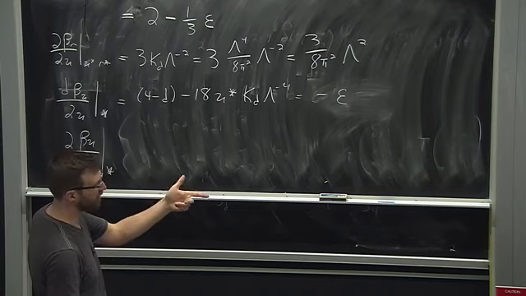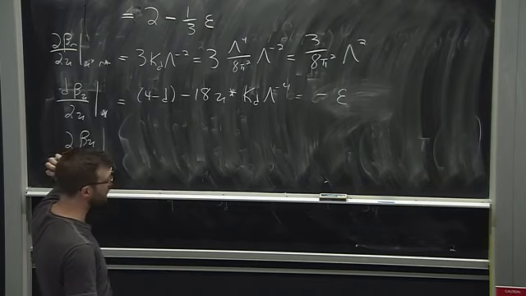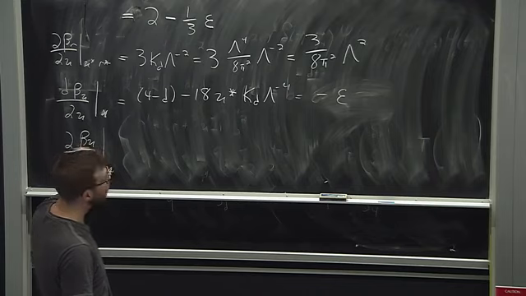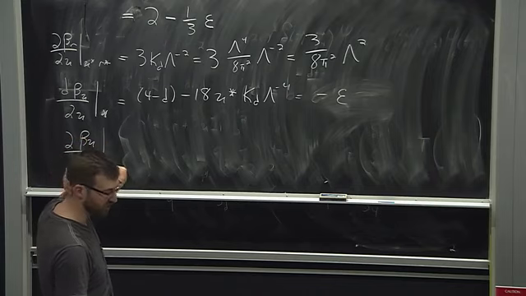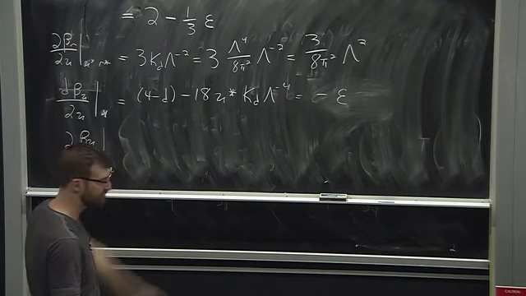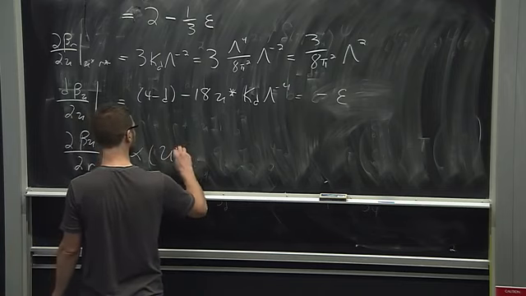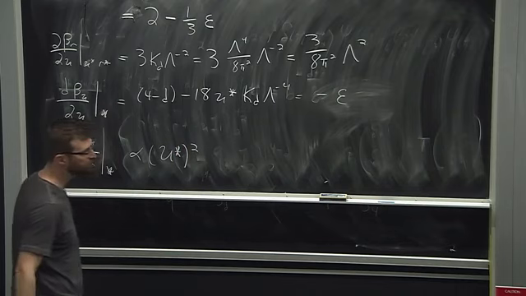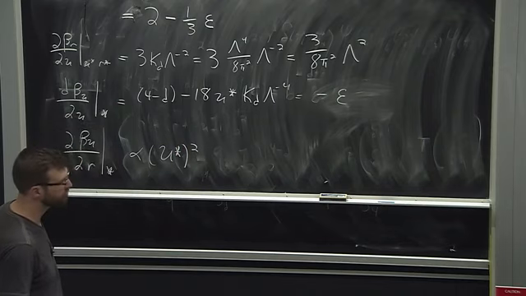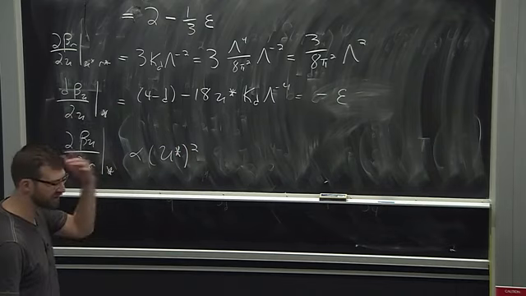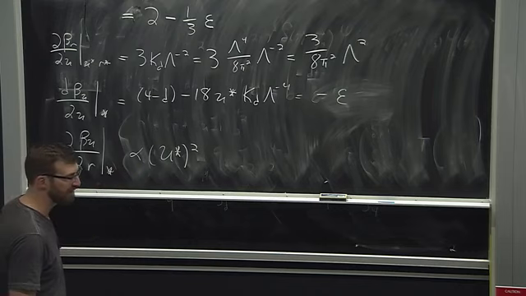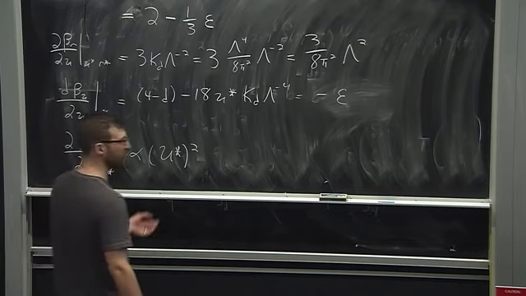Okay, so I have a 1 over R plus lambda squared all squared. So somehow this one's just going to be proportional to U star squared. Right, because the first term doesn't have an R in it, so we're just gonna neglect that one.